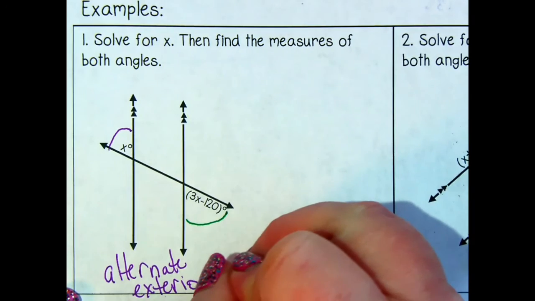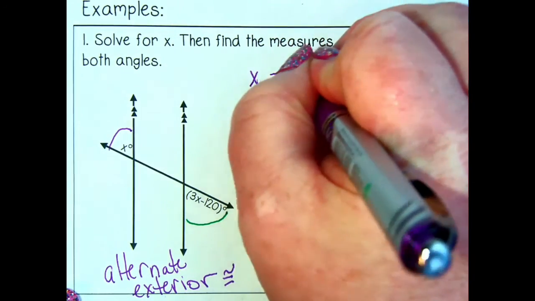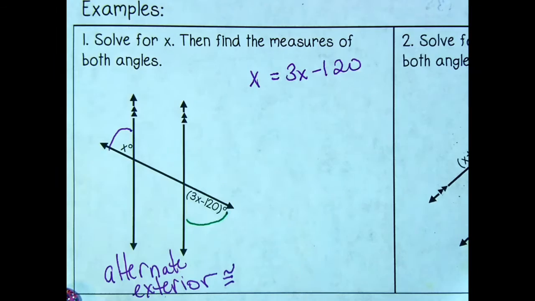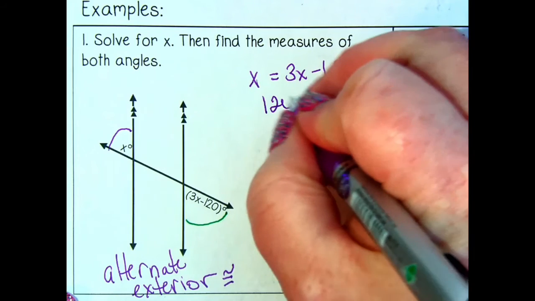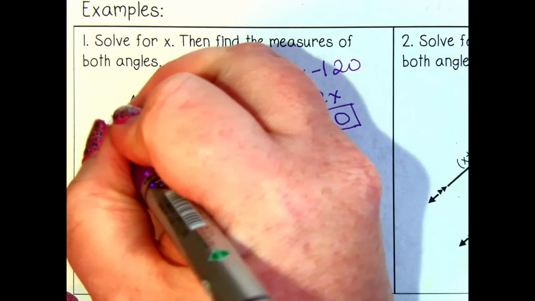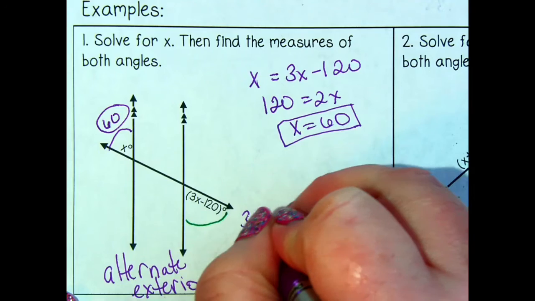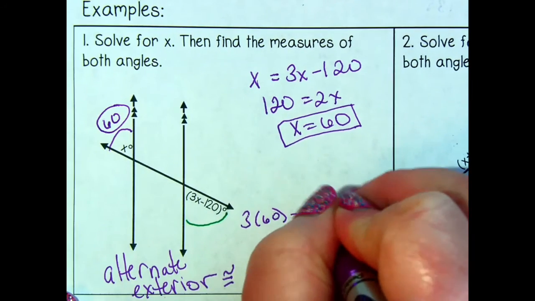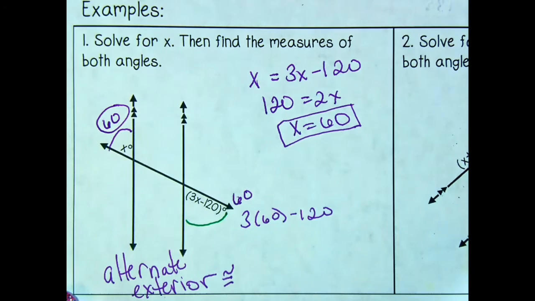So the equation I will set up is x is equal to 3x minus 120. And when I solve this, I get 120 is equal to 2x. I get x is equal to 60, and then I substitute. So the angle is 60 degrees, and then 3 times 60 minus 120 gives me 60 again. Both of my angles are congruent. I know that I am correct.